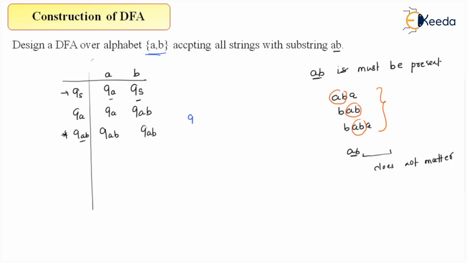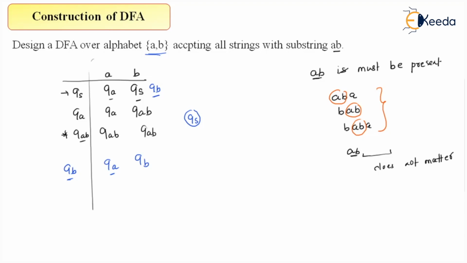Now this is the state QS. Here I could have created a state QB, like in the first problem. Let's take that also. If I create a separate state QB instead of QS, the behavior of QB would have been: I'm looking for A, the moment A comes it will become QA, and the moment B comes it will loop.